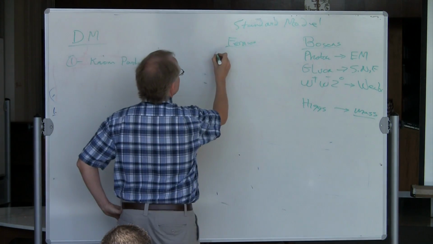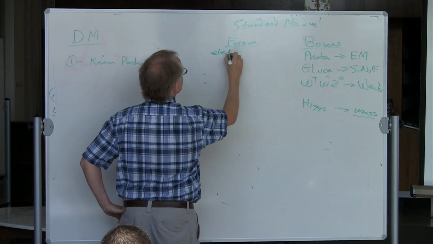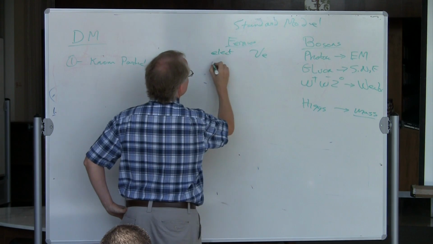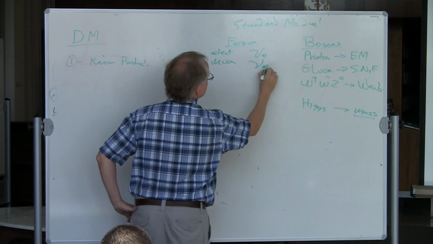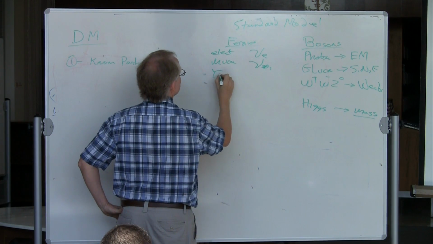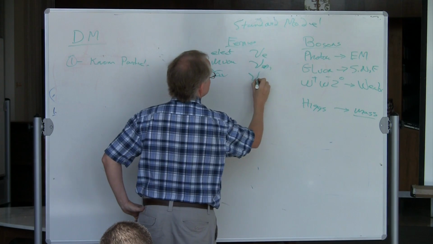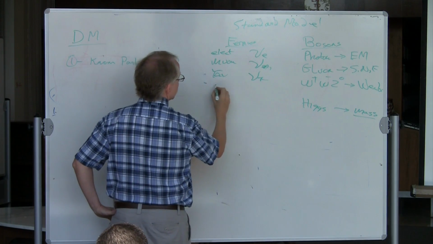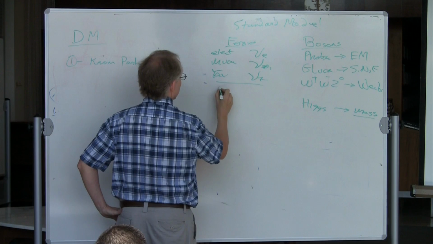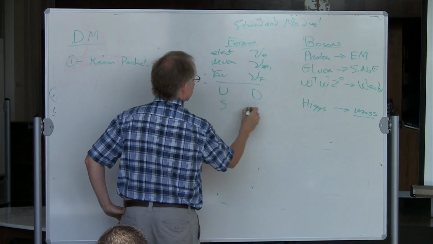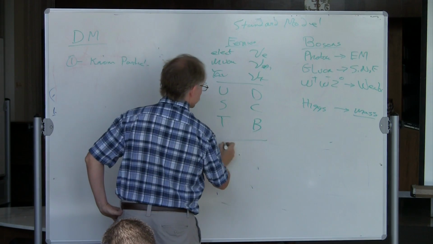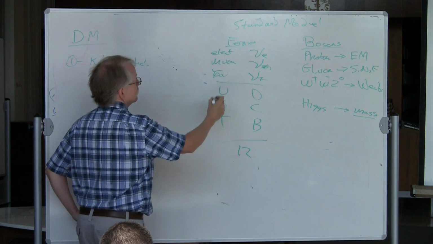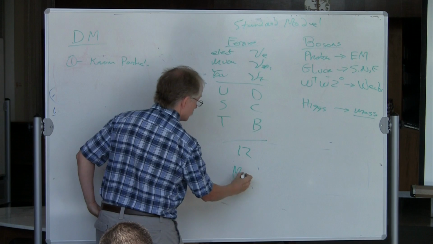On the fermions, we have the electron and its neutrino, the muon and its neutrino, and the tauon and the tauon neutrino. We also have 6 quarks: the up, down, strange, charm, top, and bottom. So that makes 12 particles for things that produce mass.